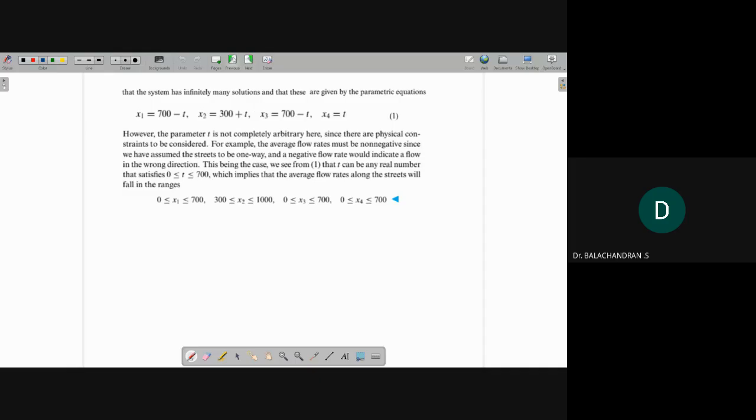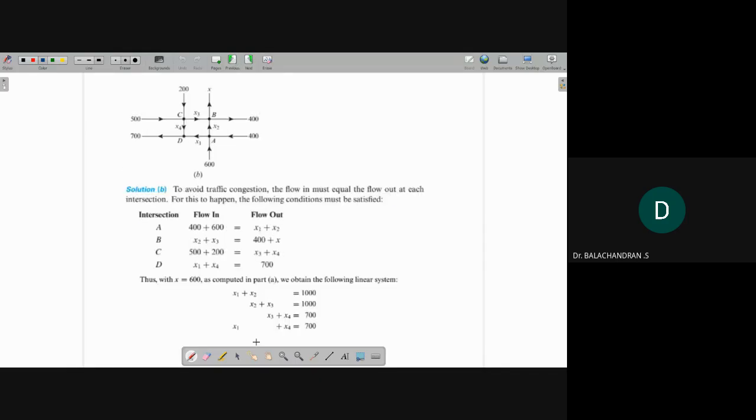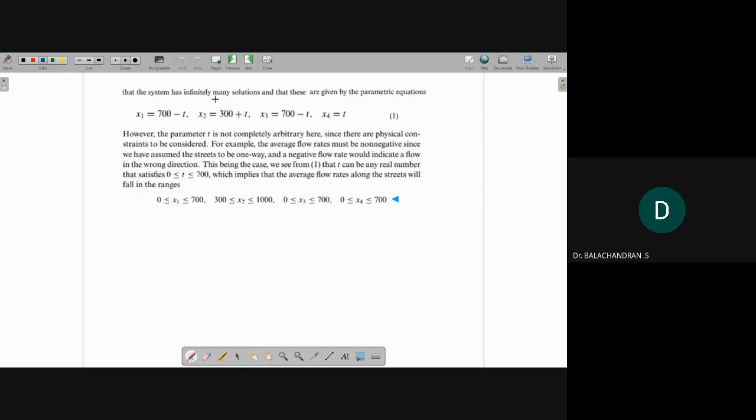They gave the solutions directly, but you need to form the matrix and the augmented matrix, and find the rank of A and the rank of A comma B. Here they told us that the system has infinitely many solutions. So please check it.